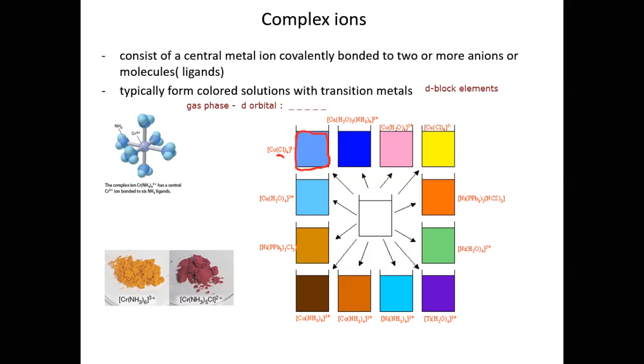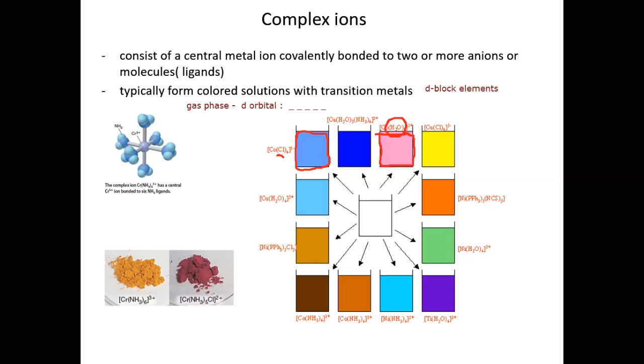But when we change the ligand to water, now we have 6 waters around the cobalt. The solution changes color. And as we'll see on the next slide, when you change the anions or the ligand, you change the energy associated with that coordination. And we'll talk about that in just a second.